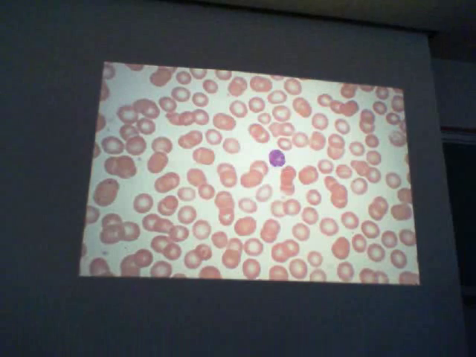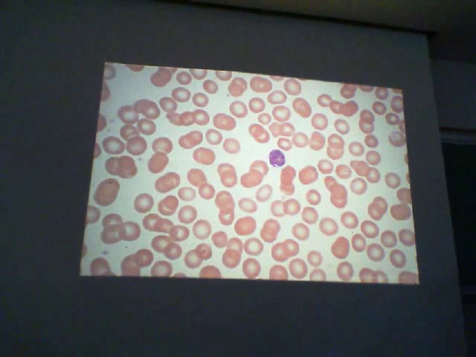Okay, and that cell, what is that? Lymphocyte. You can see just a thin rim of cytoplasm going around that little indent in the nucleus, ice blue, clear cytoplasm. That is a small lymphocyte. And how about this one? Look at the staining of the nucleus right there.